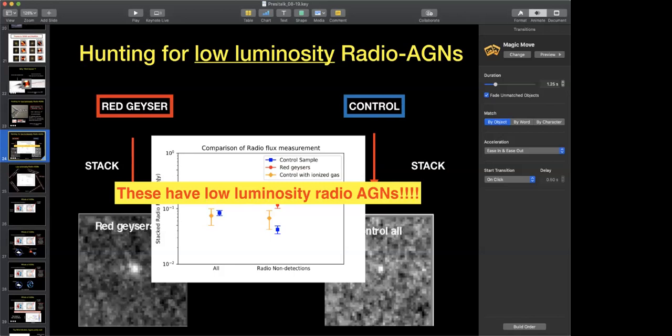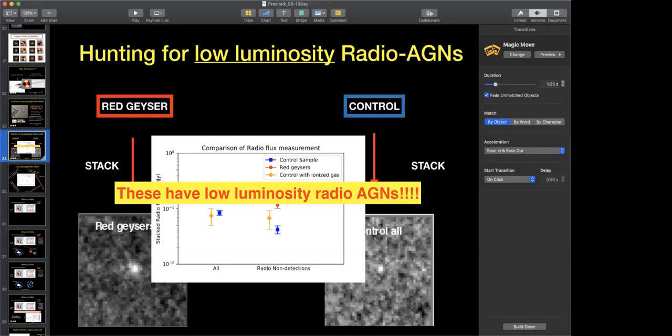So the first question I'll address is the gas reservoir that you were talking about. There is a duty cycle of every single thing. Duty cycle basically means how often do you think these red geysers are getting triggered?